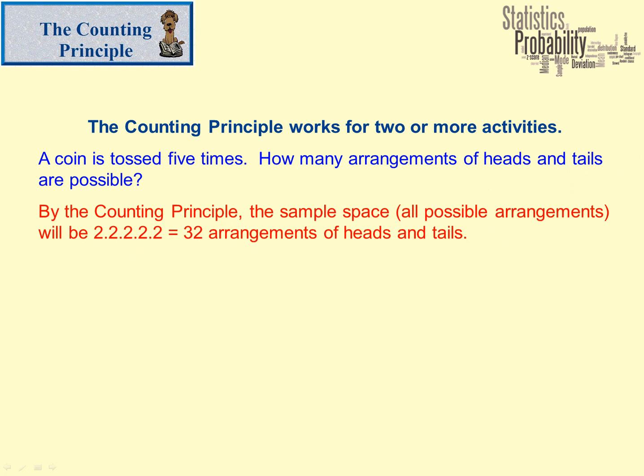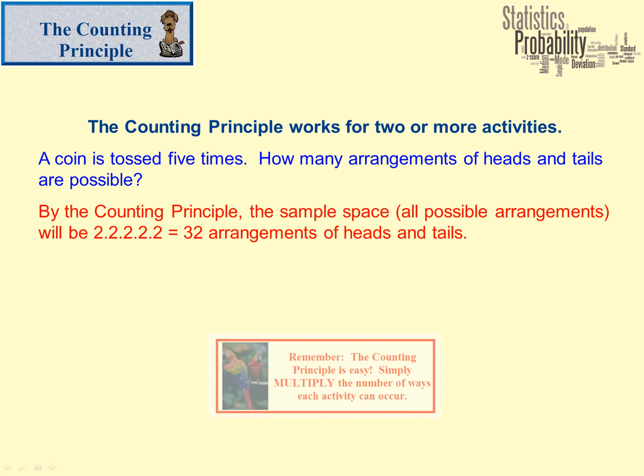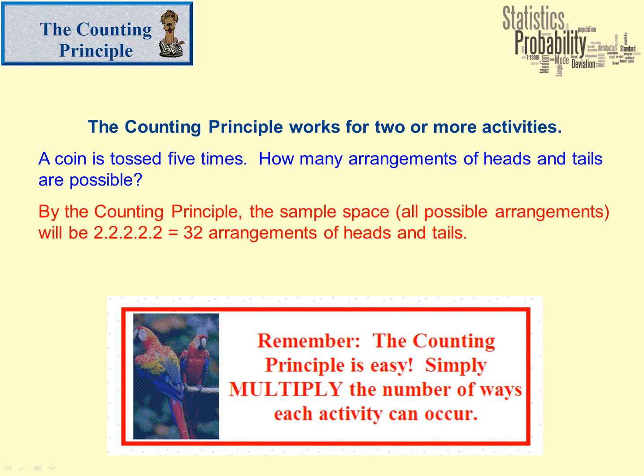Altogether, there are 32 arrangements of heads and tails for the 5 coins, and we've used the counting principle to do it by multiplying. It's a simple principle. Just multiply the number of ways each activity can occur.